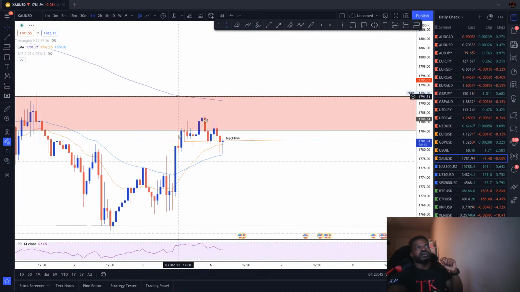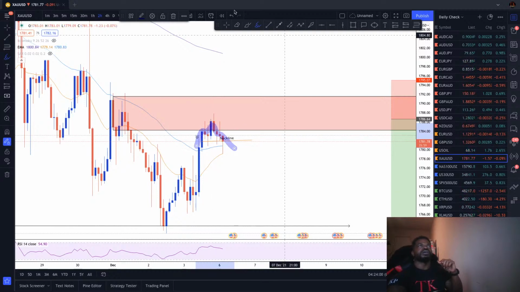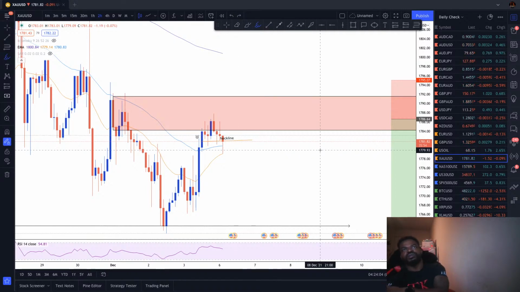After this hour candle closes, as long as it's below the neckline, then this move or this pattern will be confirmed as a head and shoulders. Okay, so let's wait and see what happens at the close of this candle.